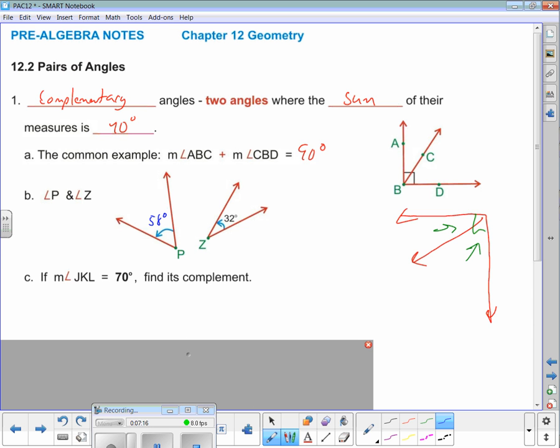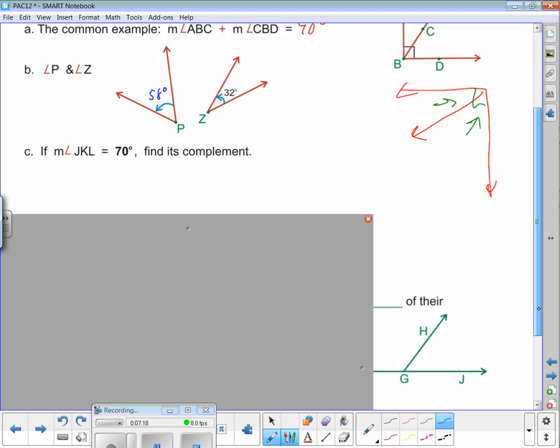So then sometimes you'll get a problem like this. If the measure of angle JKL equals 70, find its complement. Well, you use the fact that together the two angles are 90.